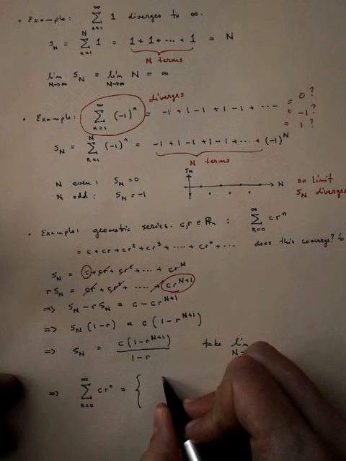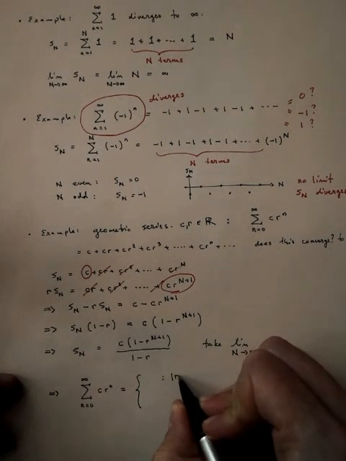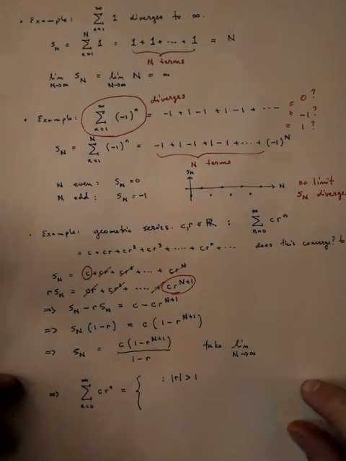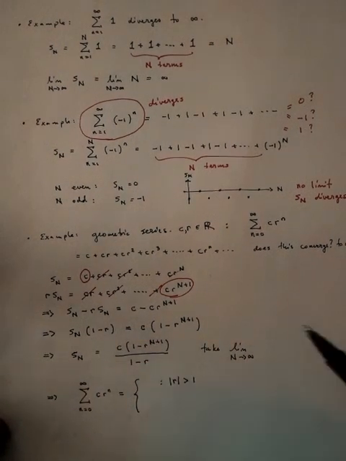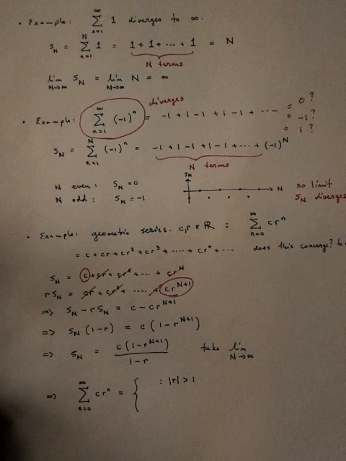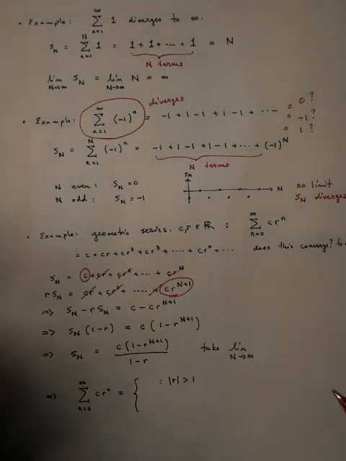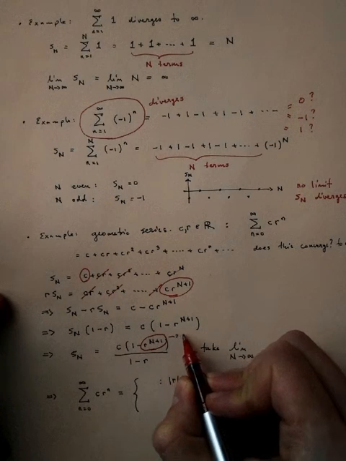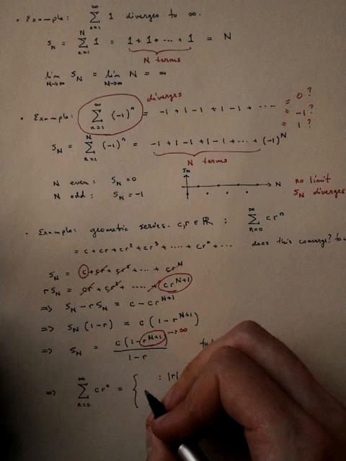Okay, so if r is bigger than 1, this term is going to go to infinity. So that comes from the geometric sequence. This term here will go to infinity, and so the whole thing diverges.